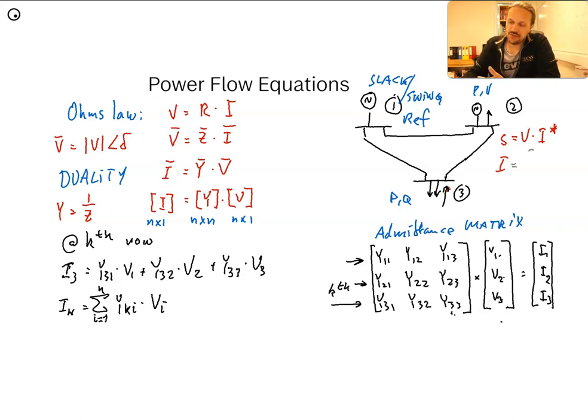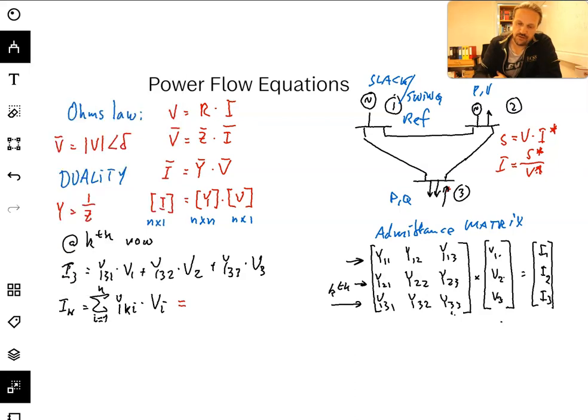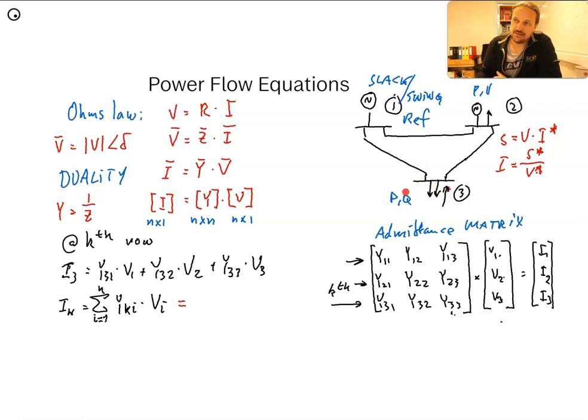And that's going to be S conjugate over V conjugate. And that means, again, if we're looking at Ik and we have this expression, it is then equal to the power that we have at this kth bus.